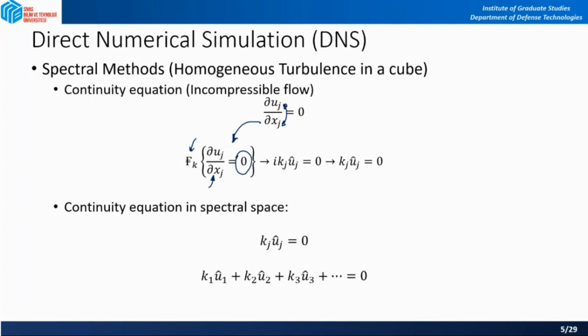So ikU is 0, i is not 0, so kU will be 0. This is very easy. Therefore, the continuity equation in spectral space will be kj uj equal to 0. Since j is a dummy, repeating index, it means that the summation k1u1 plus k2u2 plus k3u3 will be equal to 0. Mathematically, we can have an infinite number of modes.